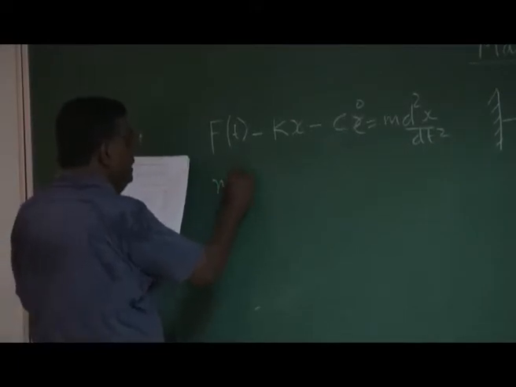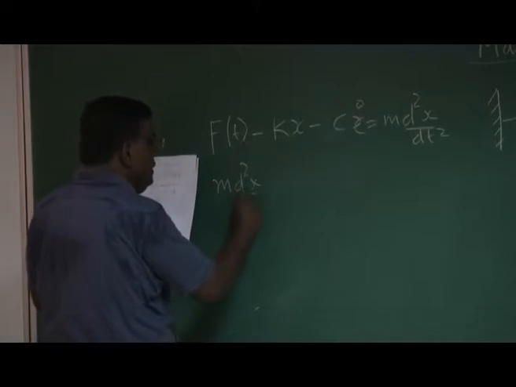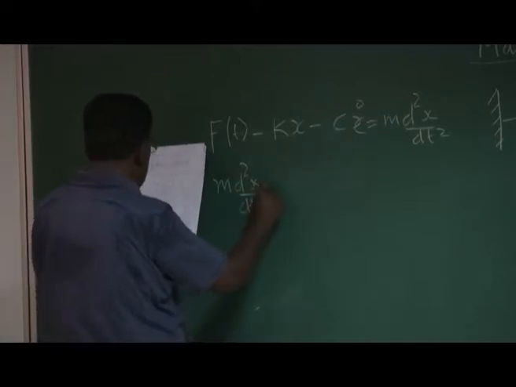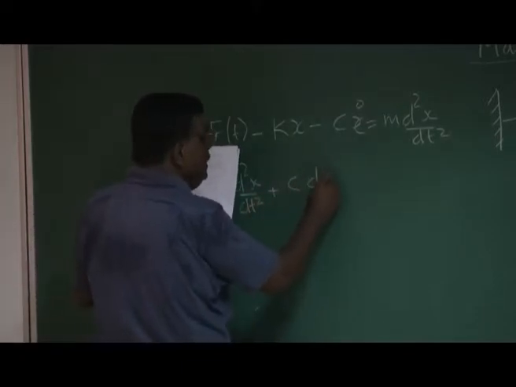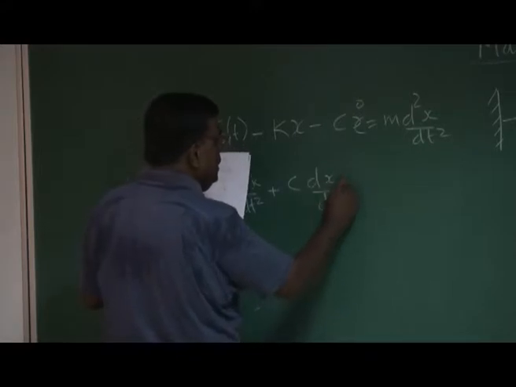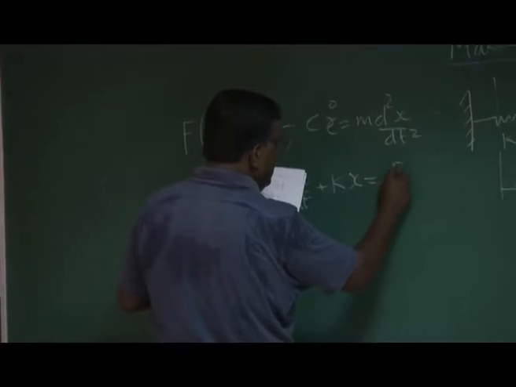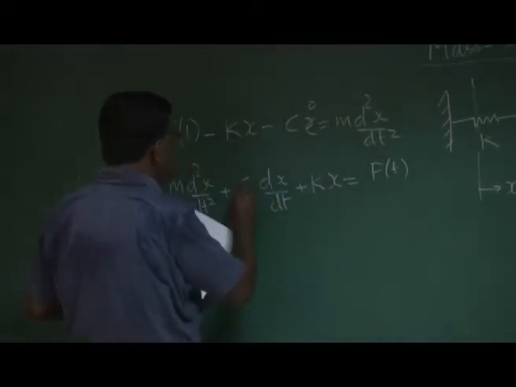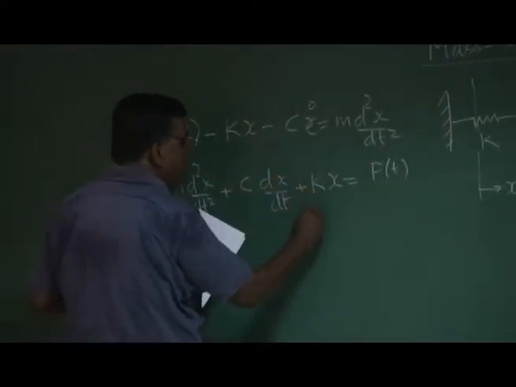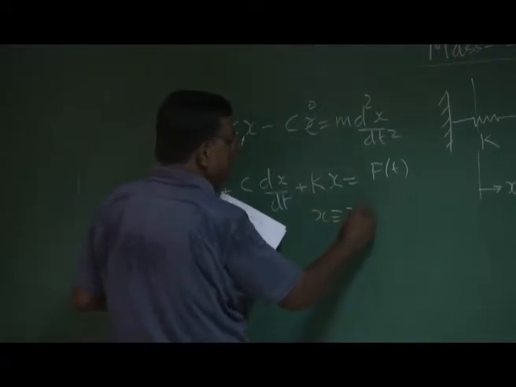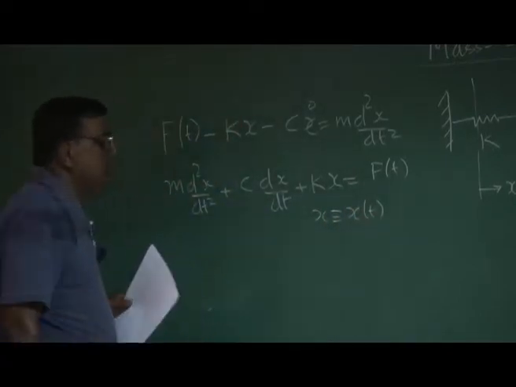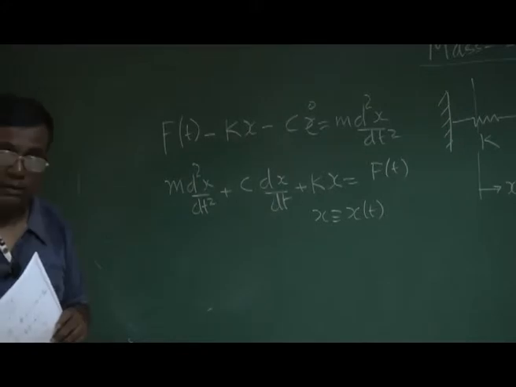m d square x by dt square plus c dx by dt plus k x is equal to f of t. Please understand this x is also identically x of t, because we are talking about response, right?